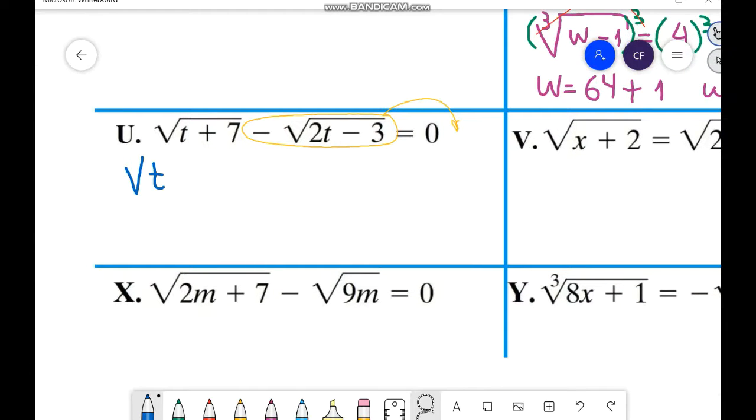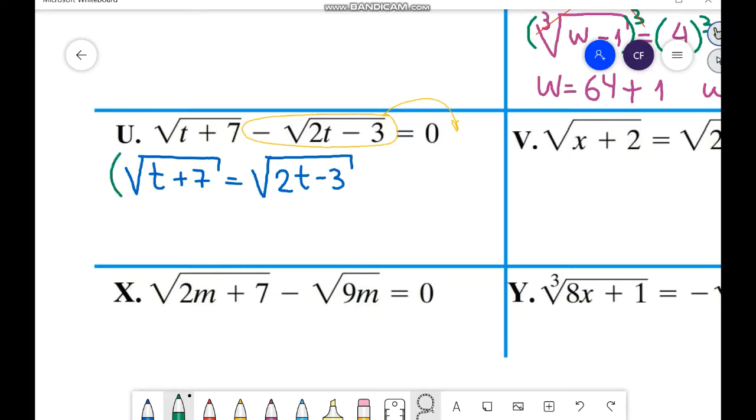This is good. t plus 7 equals the square root of 2t minus 3. Apply square on both sides, so you can eliminate the square root, and then you will have t plus 7 equals 2t minus 3.